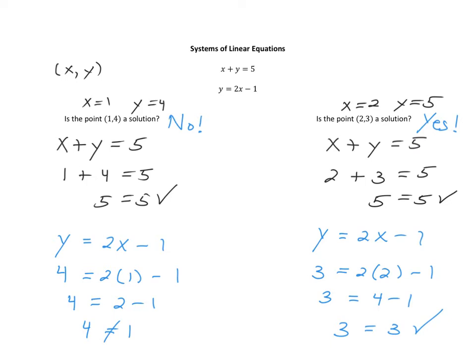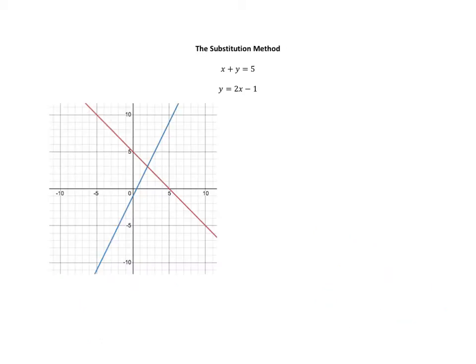Now, is this the only solution? Are there others? Let's examine this a little bit further on the next slide. So here I have the same system, x plus y equals 5, and y is equal to 2x minus 1. And down here, I actually graphed both of the equations. The one in red here is x plus y is equal to 5.